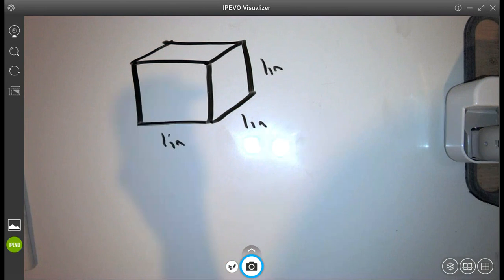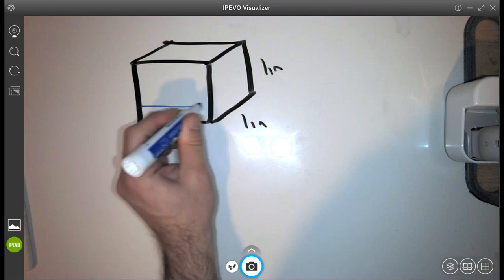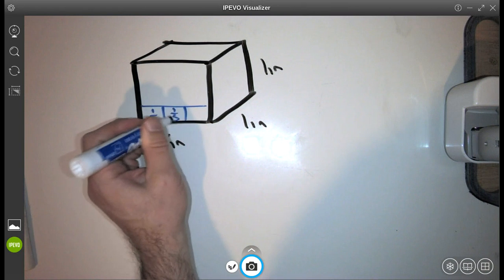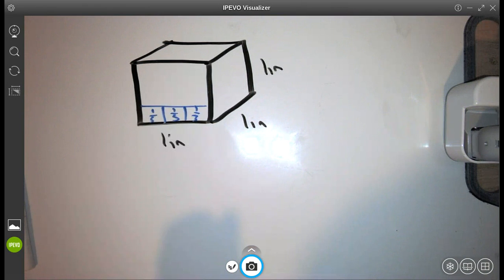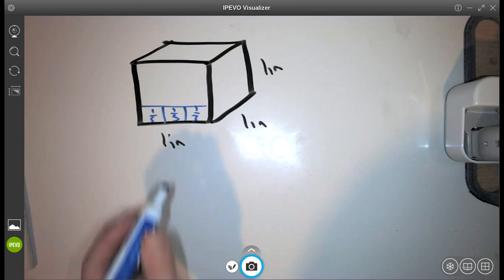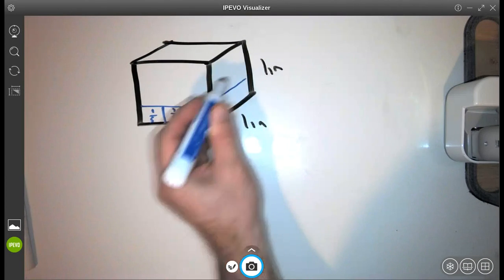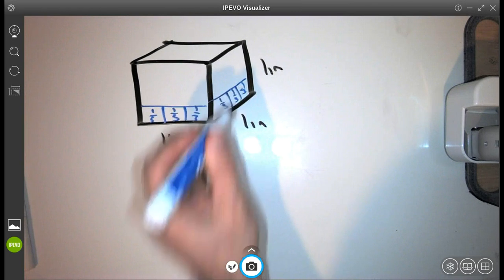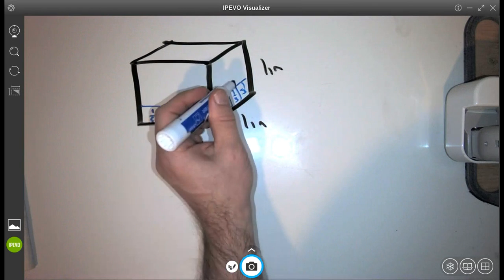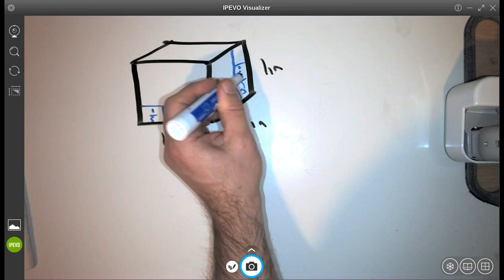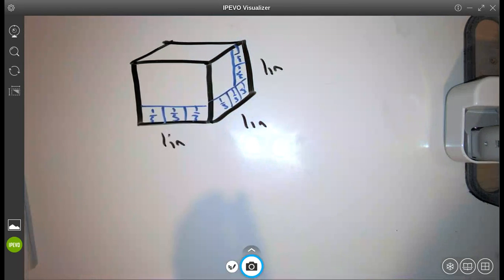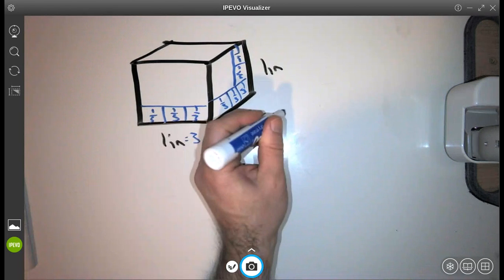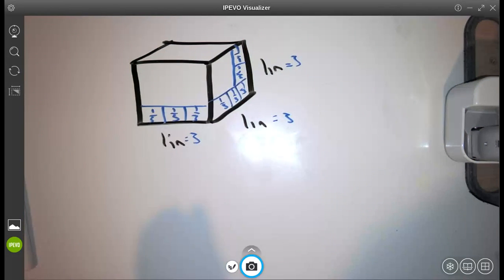If we have a third inch cube, there would be 3 1/3 inch cubes that can fit along the length right here. Also 1/3, 1/3, 1/3. There's 3 that can fit along the width, and along the height, there are another 3. So there are 3 that can fit along the length, the width, and the height.